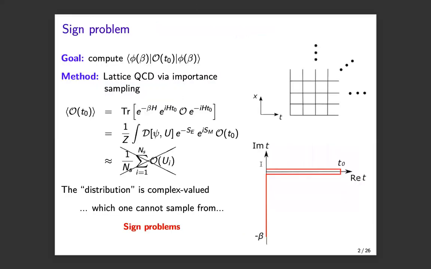Just to say a bit more about the sign problems. Again, this is a problem in lattice QCD, and the goal is to compute the expectation value of some function O on the lattice.